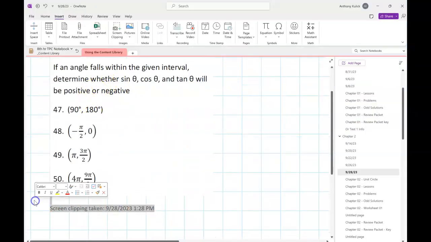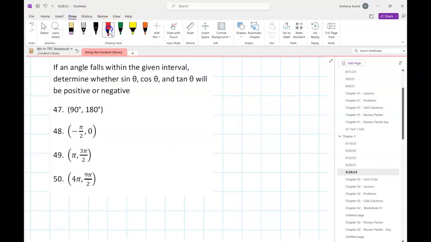All right, 47 says, if an angle falls within the given interval, determine whether sine, cosine, and tangent will be positive or negative. So the idea here is I'm going to start by drawing a picture. 0 degrees is here, 90 degrees is up there, and 180 degrees is there.